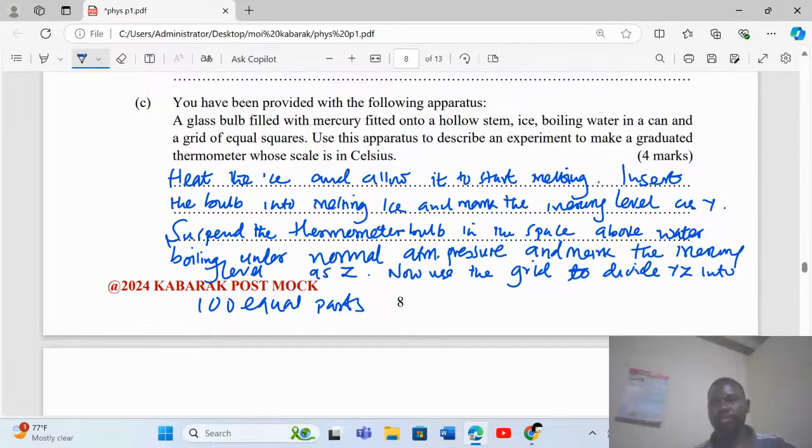Now you can continue to the next part. That is a narration on the issues to do with graduating or making your own thermometer.